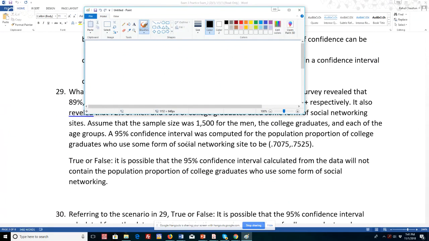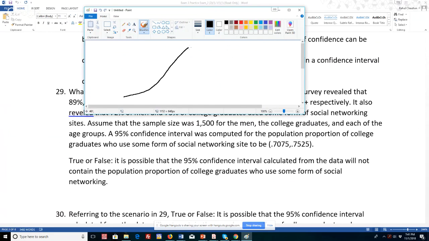Now, what that 95% confidence refers to is the idea that if we were to take samples over and over and over again and create confidence intervals for each, then 95% of those confidence intervals would contain the true population parameter.